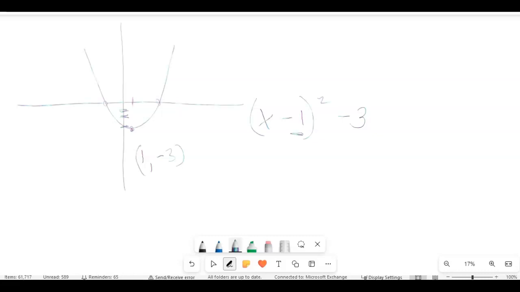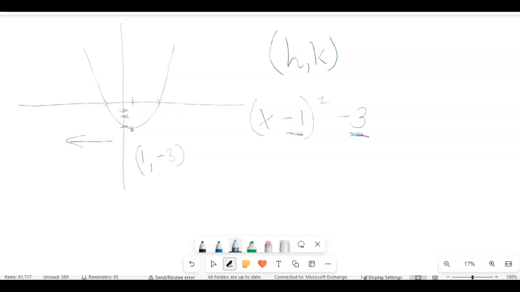And so this is my vertex here. That's our (h, k). That's my vertex. And so if I wanted to move this equation to the left, I would go ahead and add something to this.